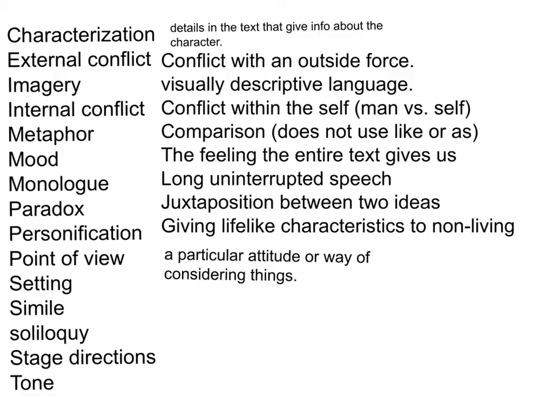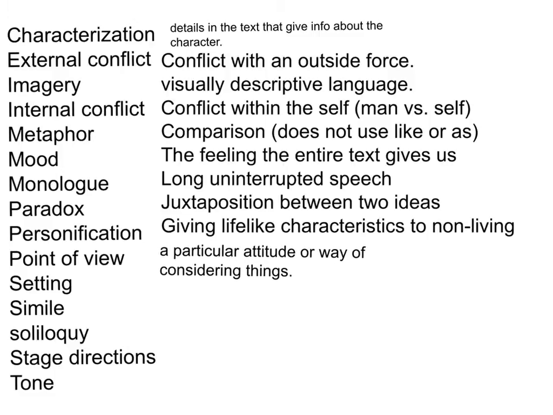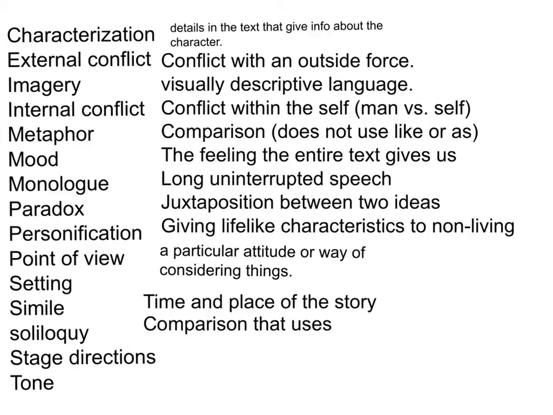Oftentimes, when we talk about it in literature, we're talking about first person versus second person, etc. Setting is the time and place of the story, and simile is a comparison that uses like or as.